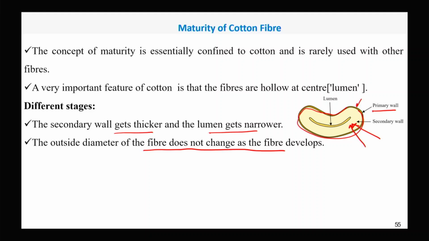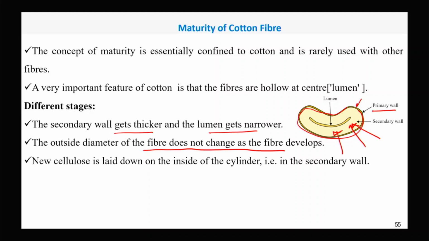As the fiber develops, the perimeter remains the same, but the secondary wall grows and becomes thicker and thicker. New cellulose is laid on the secondary wall, which indicates the maturity.